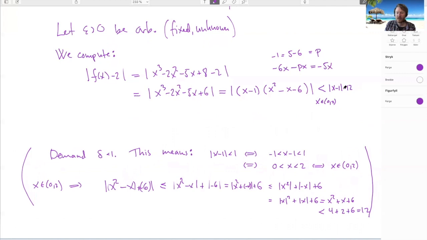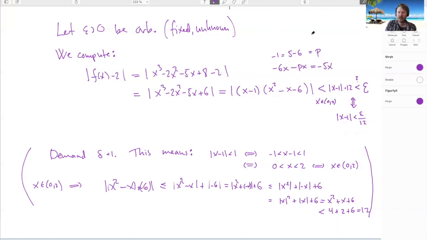So what does this mean? Well, now I can put this thing here and ask, when is this less than epsilon? And this I can solve. You see that this happens when the absolute value of x minus 1 is less than epsilon divided by 12. Aha. And this is basically what I want to choose for my delta. But of course, not quite. Because what happened?